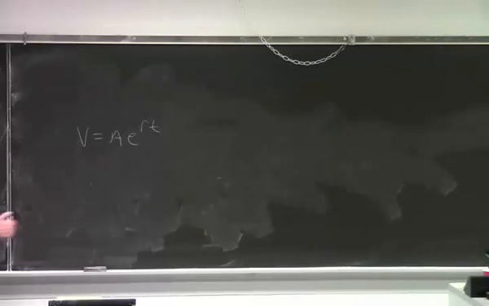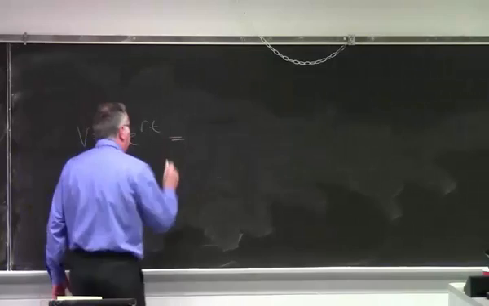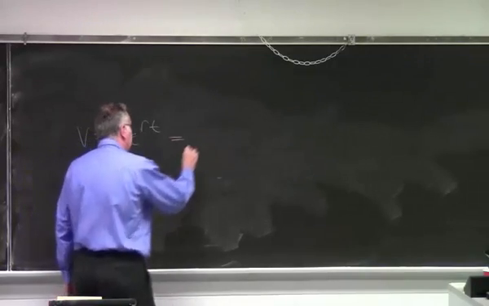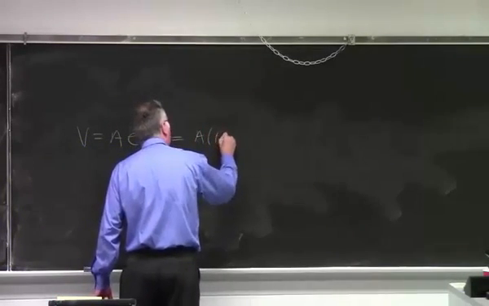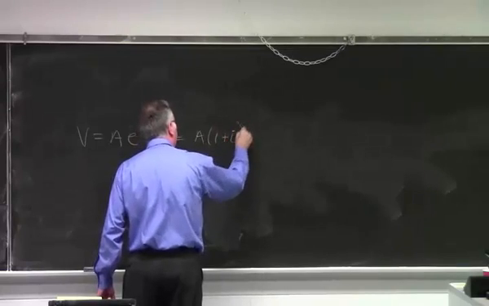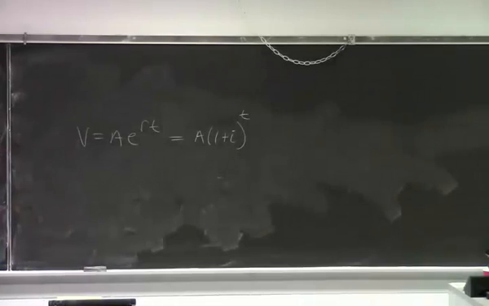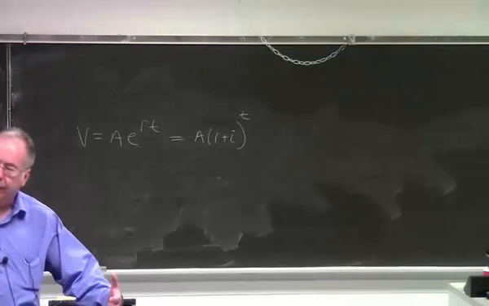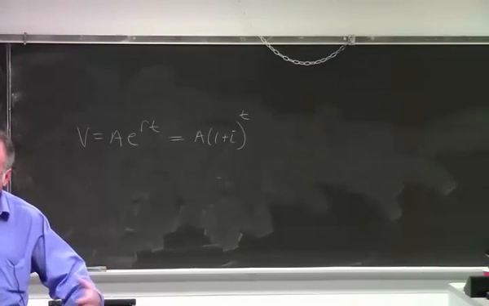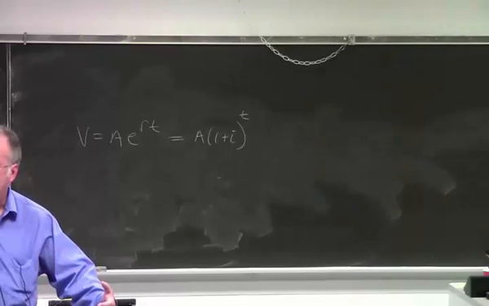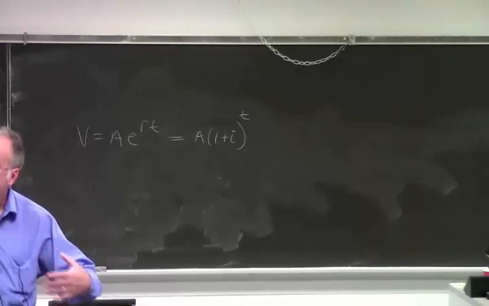In a discrete model, the form is a times 1 plus I raised to the t power, where I is the annually compounded interest rate. So, for any given annually compounded interest rate, you can find the equivalent continuously compounded interest rate, and vice versa.